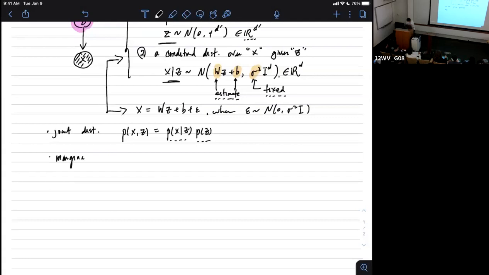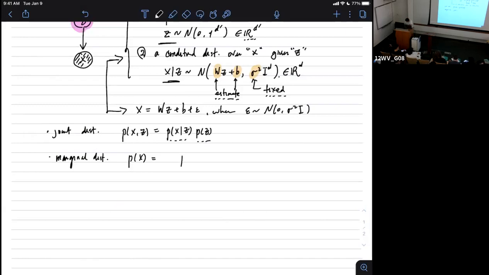What is the next one that we can compute? We can now compute the marginal distribution as well. The marginal that we are interested in is P of X. So if I observe one particular X under my data generating process, what is the probability of the observed variable X? That's the marginal distribution.